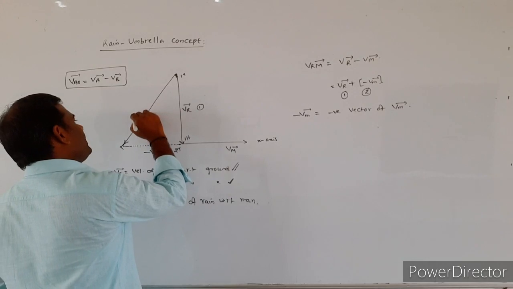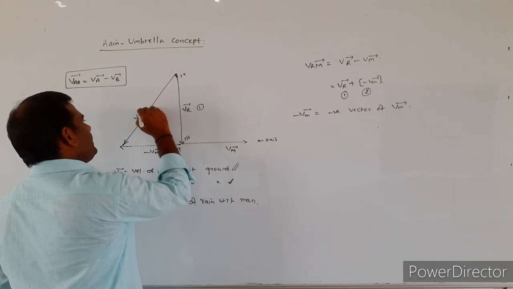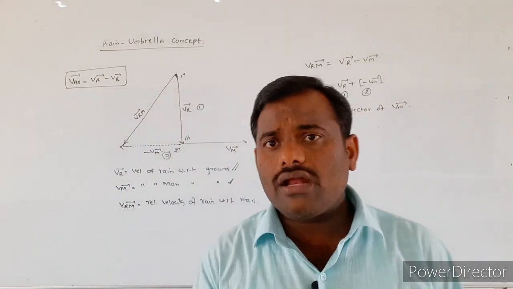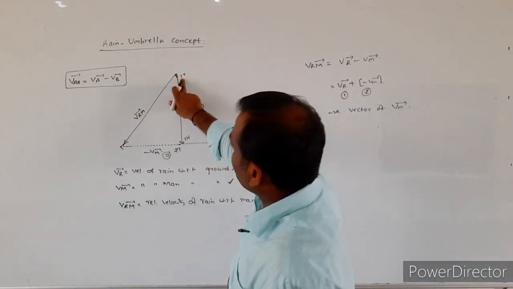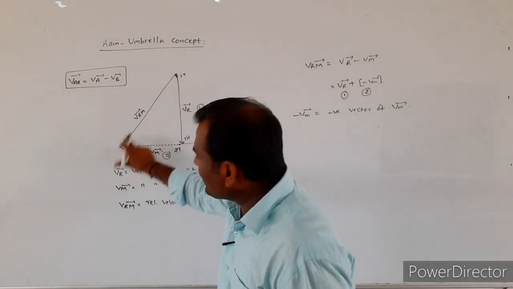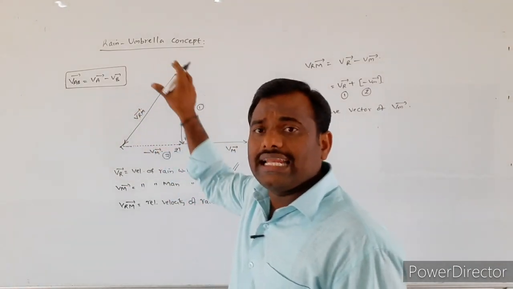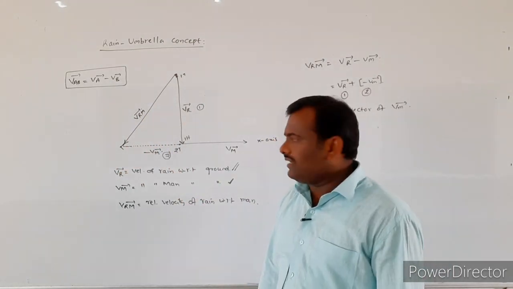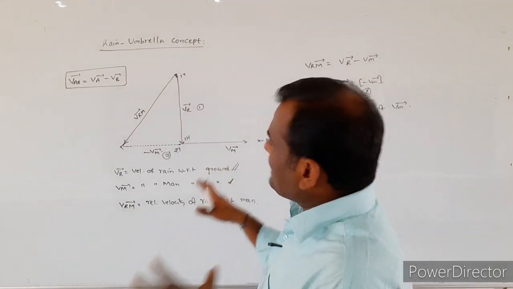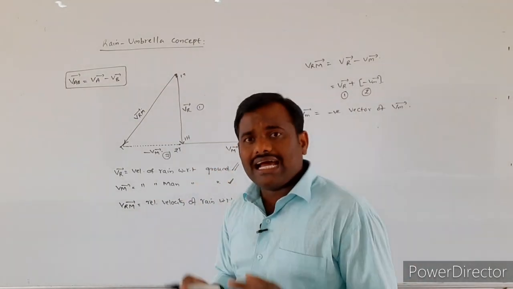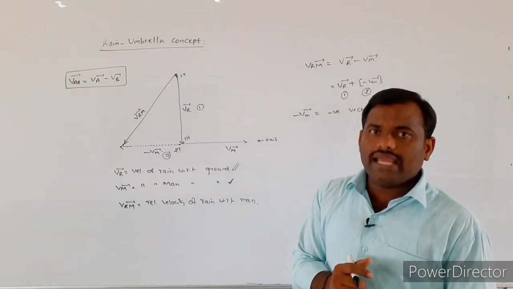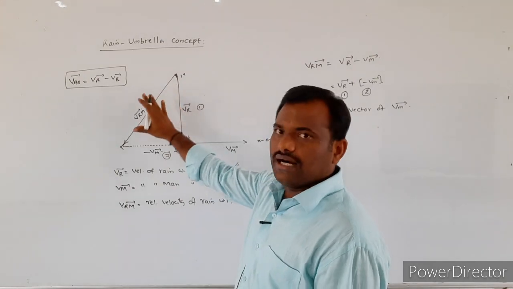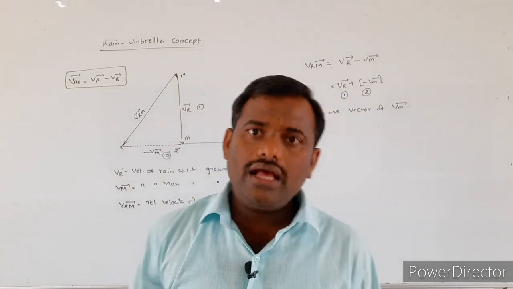This resultant vector is nothing but Vrm bar, which is also called the relative velocity of the rain with respect to the man. So by using this vector addition only, we are calculating the relative velocity of the rain with respect to man. This is a method to find the direction of Vrm bar.